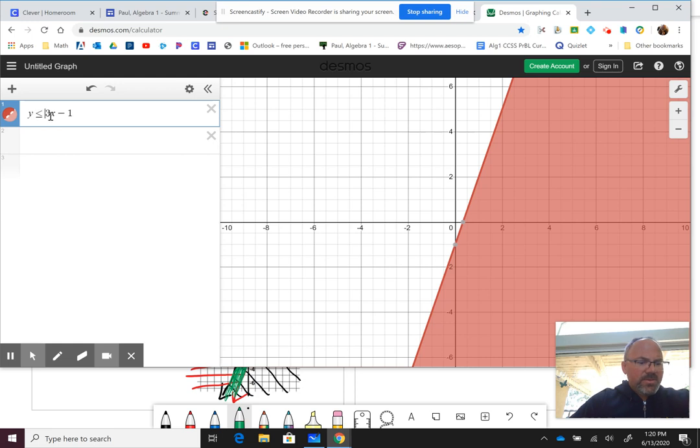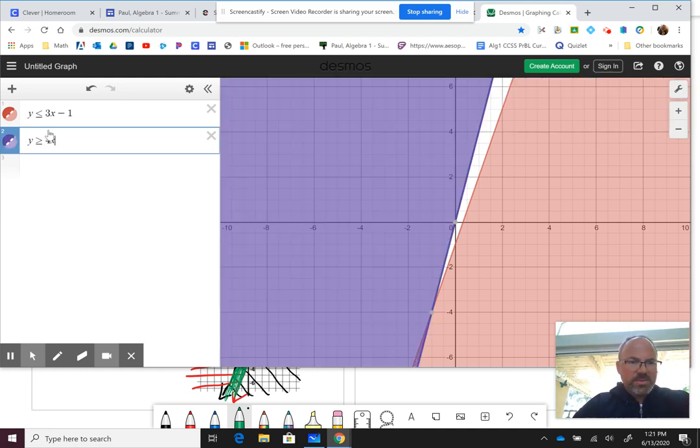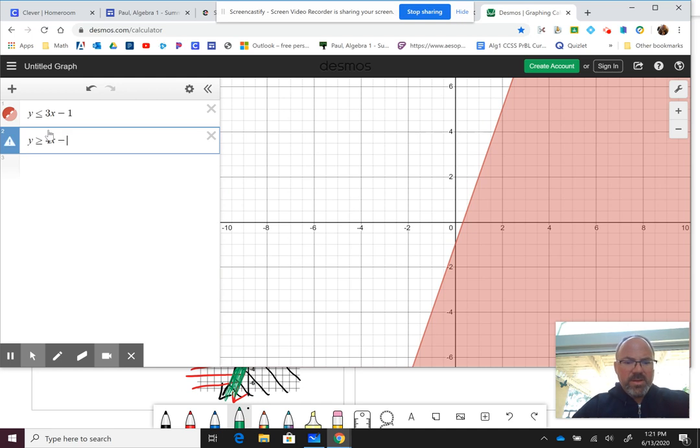So y is less than or equal to 3x minus 1, and the other one is going to be y is, now I'm going to use the shift, and greater than symbol, boom. And then I'm also going to put the equal sign in there, the plus equals, and that puts the or equal to. And then this one is 4x minus 3.